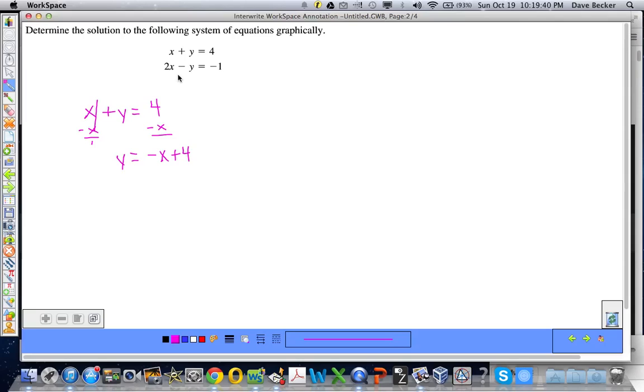Okay, and then I have this one, 2x minus y equals negative 1, so I'm going to solve this for y. So I'm going to subtract 2x from both sides, minus 2x here, okay?